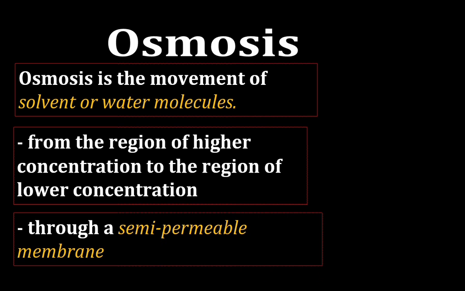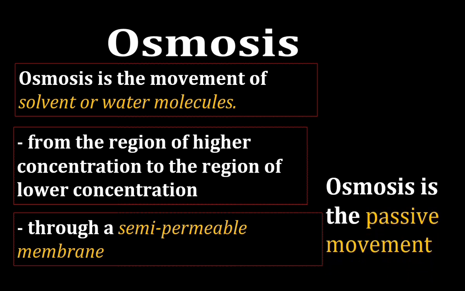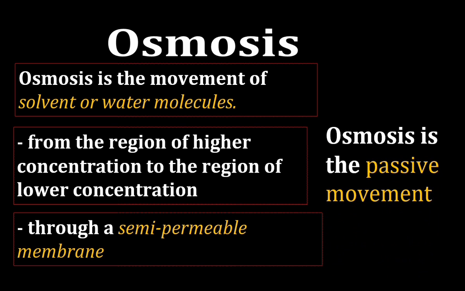The plasma membrane is a semi-permeable membrane. It is called a selectively permeable membrane because it selects and allows some substances to pass through. Like diffusion, osmosis is also a passive process. It does not need energy.